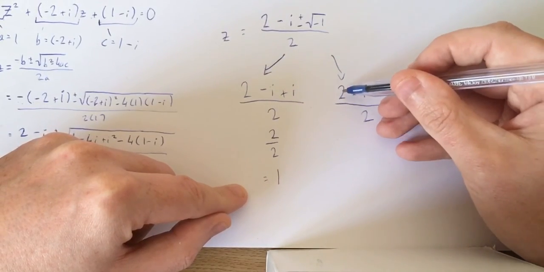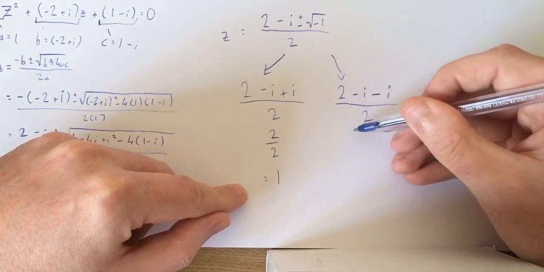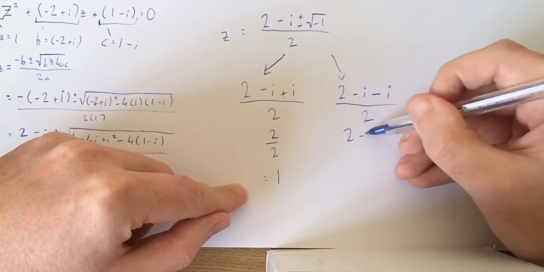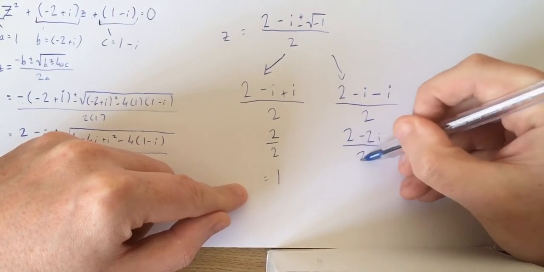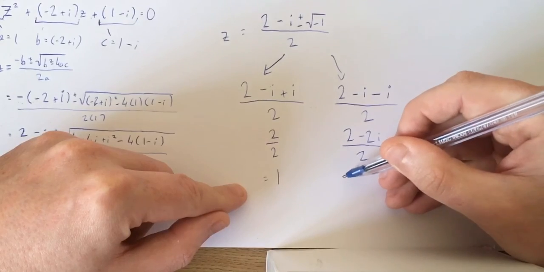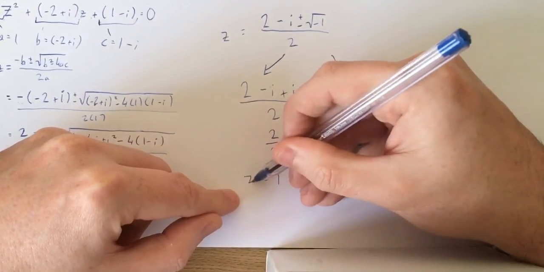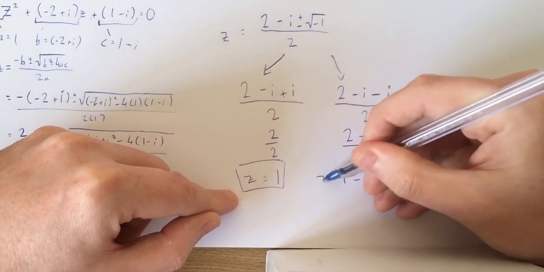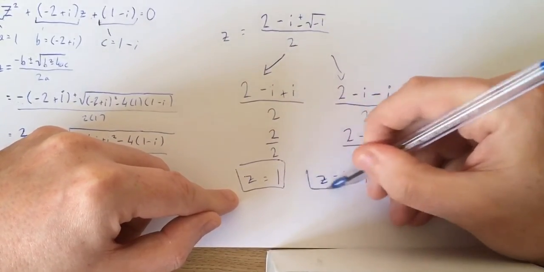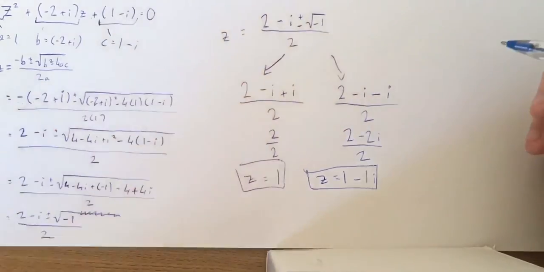And over here, 2 minus 2i over 2, divide 2 into both of those, and I get 1 minus 1i. So z is equal to 1, or z is equal to 1 minus i, my two solutions.